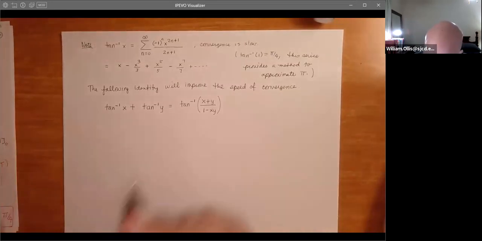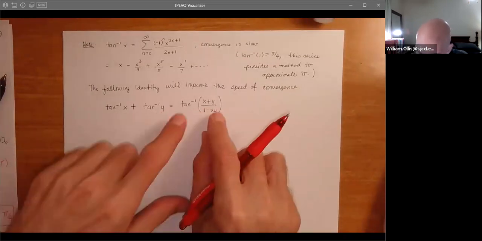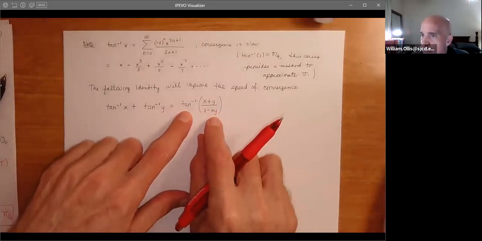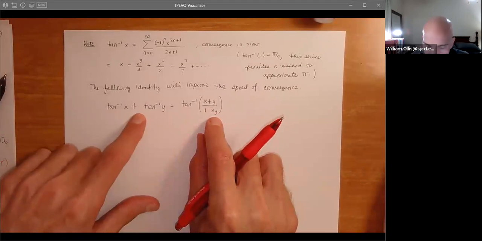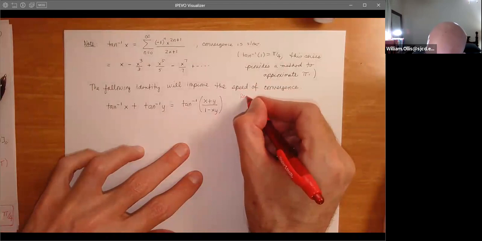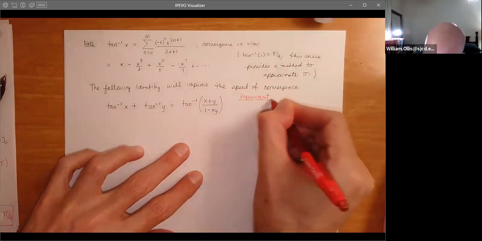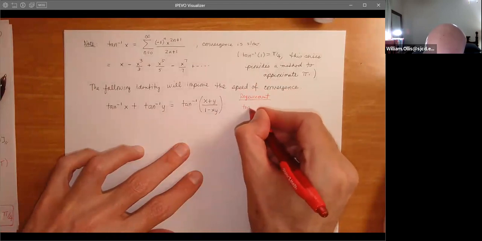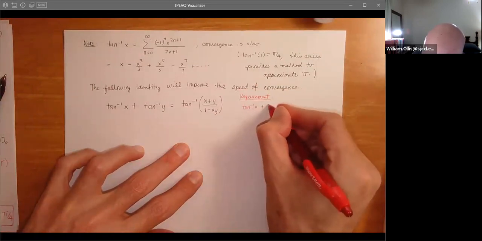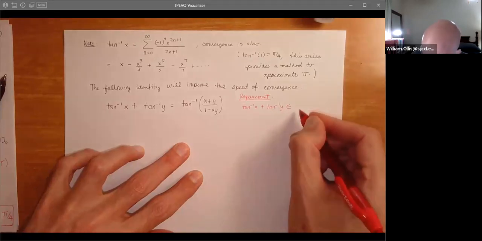Now, of course, what's very important here is that the range of the inverse tangent is negative pi over 2 to pi over 2. So this sum here must lie there, otherwise this falls apart. So we need a requirement. This is important. That is inverse tangent of X. Well, everything always has a hiccup, okay? We have to abide by the range and domain.